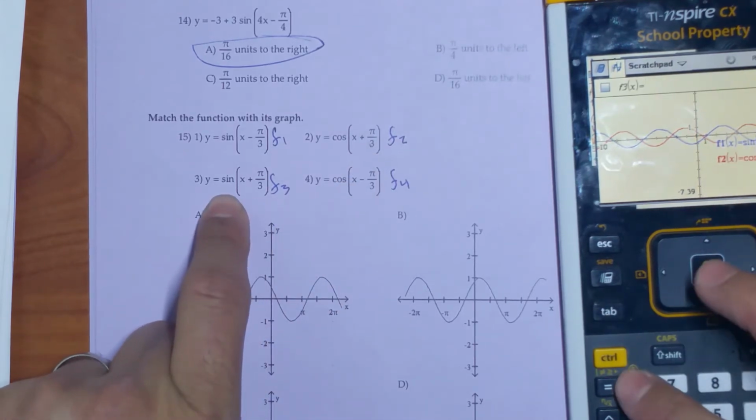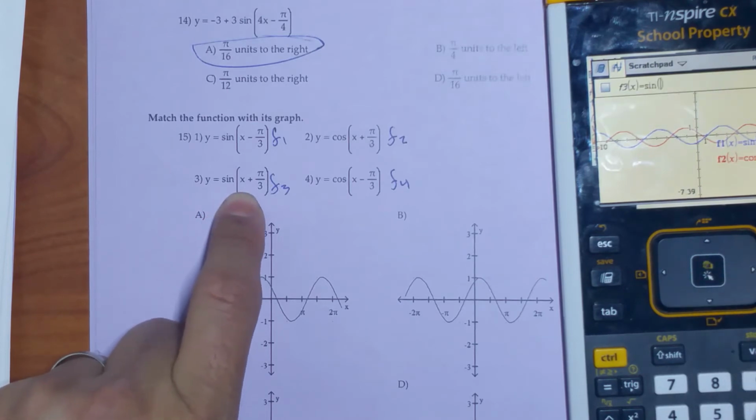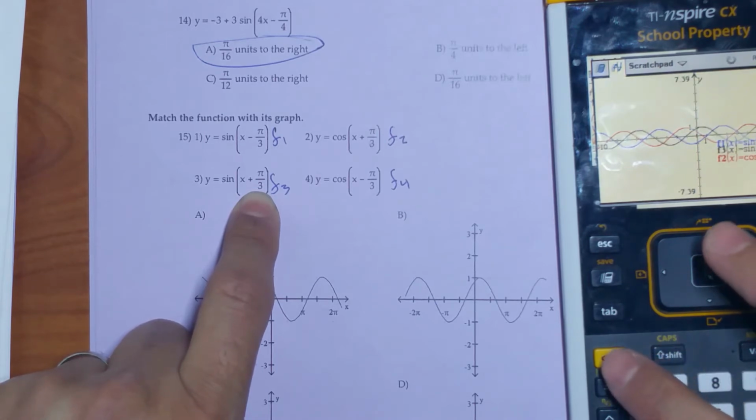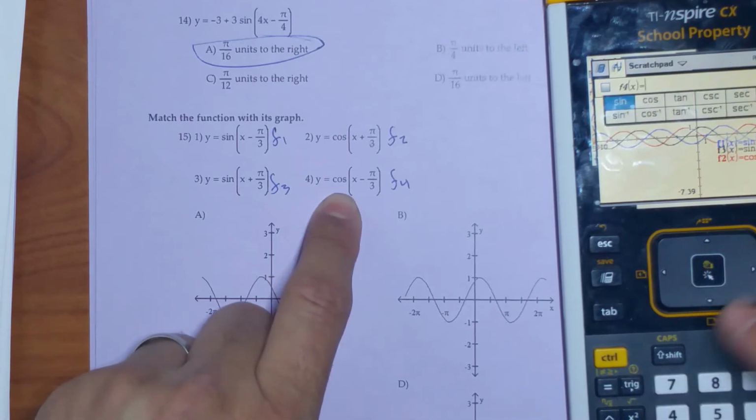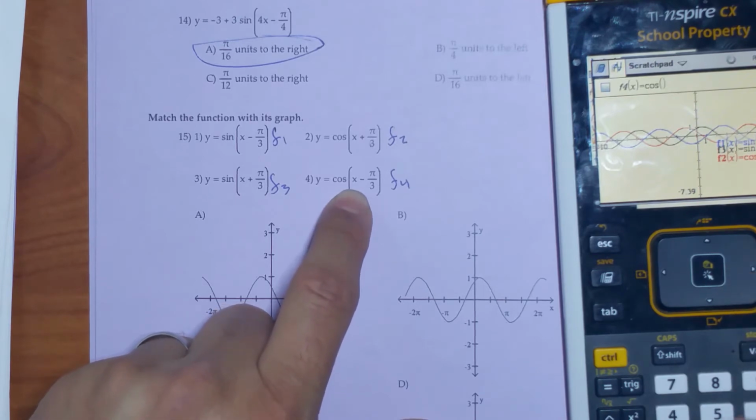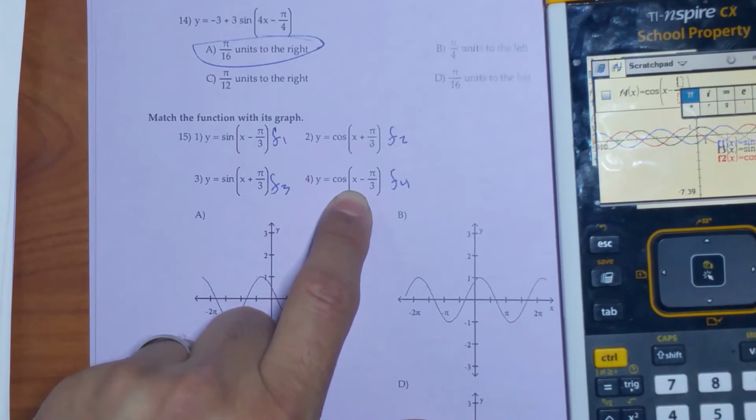For F3, it's going to be sine of x plus pi over 3, and tab again to my F4, my cosine of x minus pi over 3. Yeah, it looks kind of neat, right?